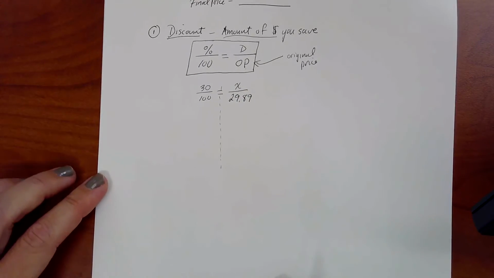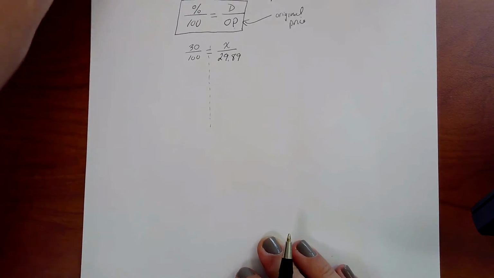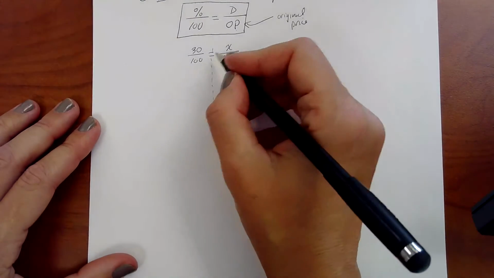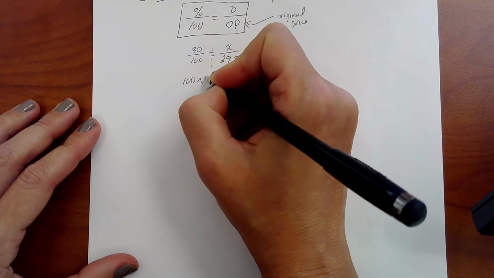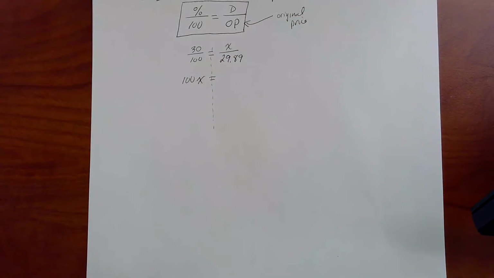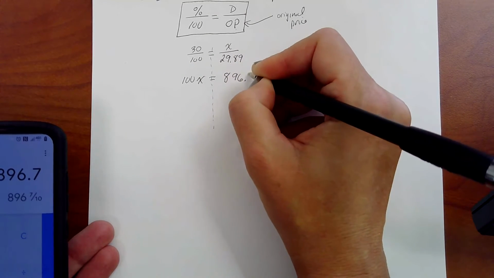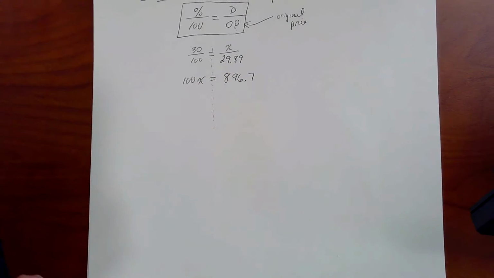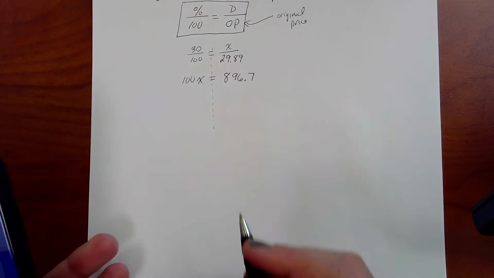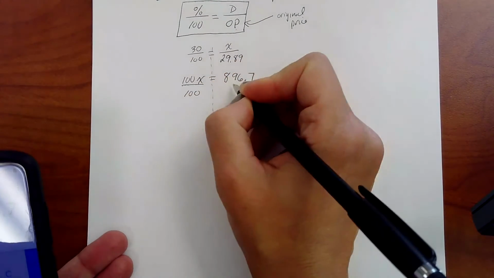And from here, you can solve the proportion like we normally would. So 100 times x is 100x. 30 times 29.89. Let's see, 30 times 29.89. Whoa, I typed it in wrong. No, I didn't. So 896.7. Okay. To get x alone, we're going to divide by 100.